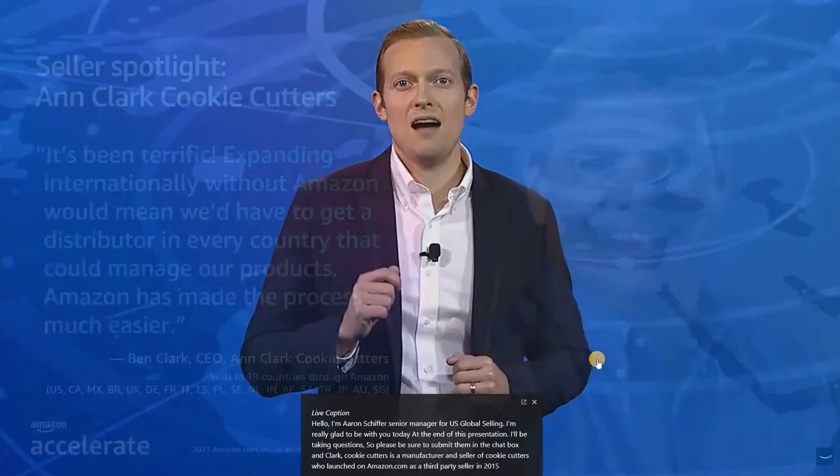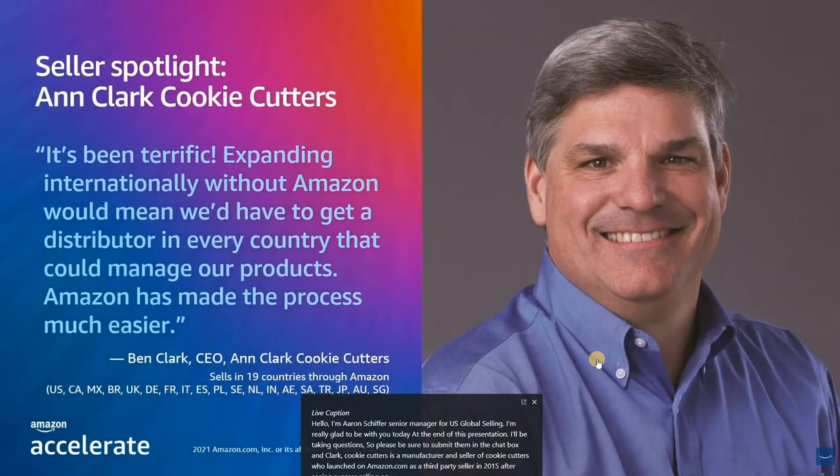Ann Clark Cookie Cutters is a manufacturer and seller of cookie cutters who launched on Amazon.com as a third-party seller in 2015. After seeing success selling on Amazon.com in the US, Ann Clark Cookie Cutters took their business to the next level by expanding internationally.